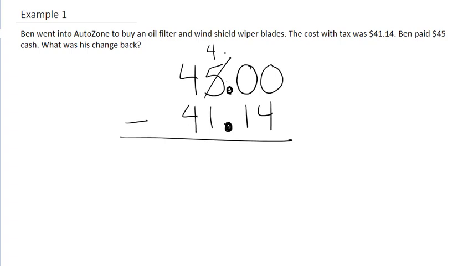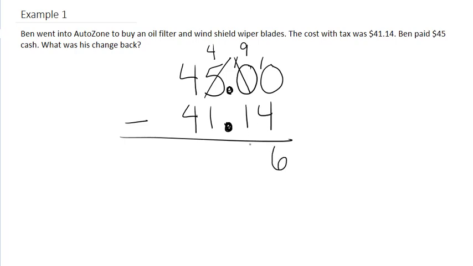So we're borrowing a whole 1, and now there's 10 tenths. So then we're going to make this 1 lower to borrow a whole tenth, and then 4 hundredths. And now we have 10 tenths, which is 100. So this 10 represents that. So now we have 10 minus 4, which is equal to 6.